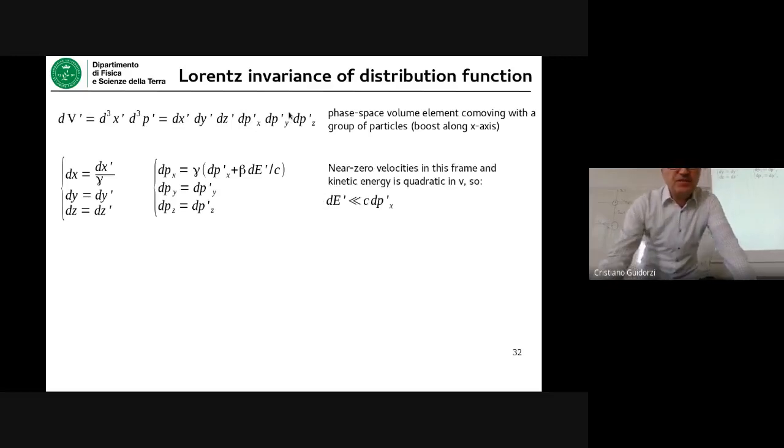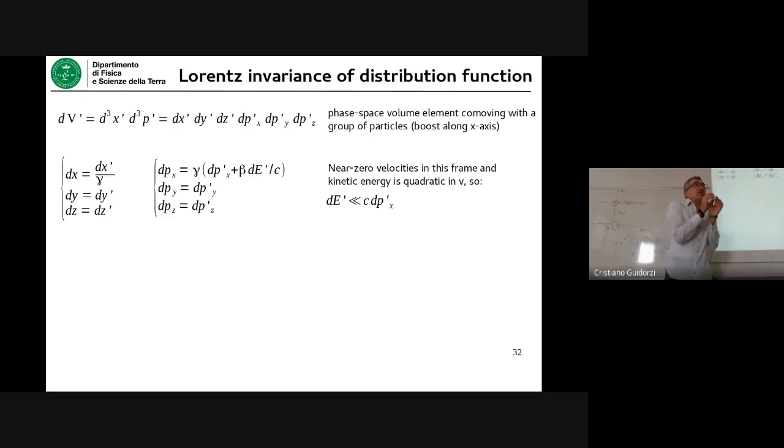But the second term here, beta dE prime over c, is actually negligible with respect to this one. Why? Well, dE prime is the energy interval in the comoving frame. But in the comoving frame, all the particles are nearly at rest.